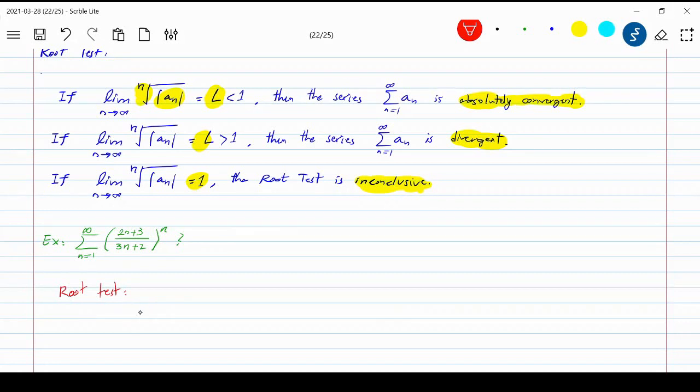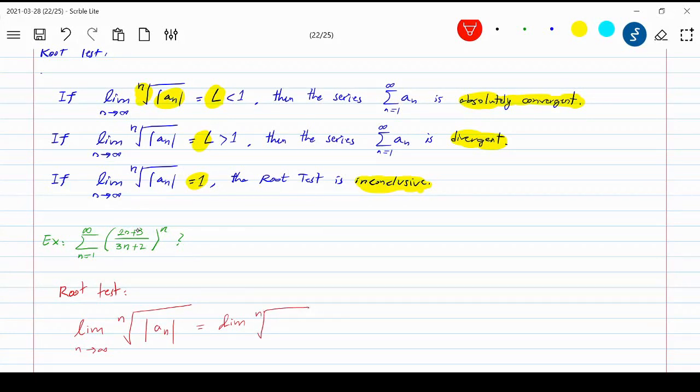So what do we do? We need to calculate the limit of the nth root of the absolute value of a_n. And we need to figure out what that is. I'm going to write it.